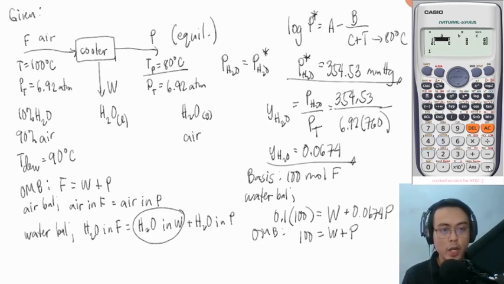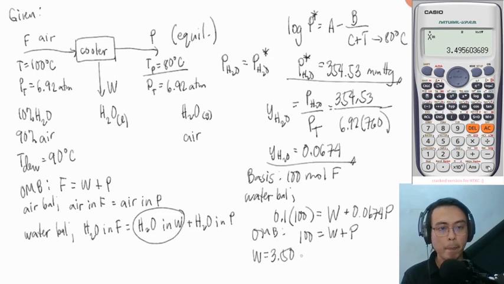So that's 0.1 times 100 equals W plus 0.0674 times P. Second equation, W plus P equals 100. Your W is 3.50, and your product is 96.50.